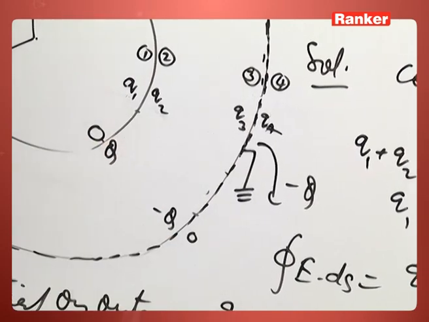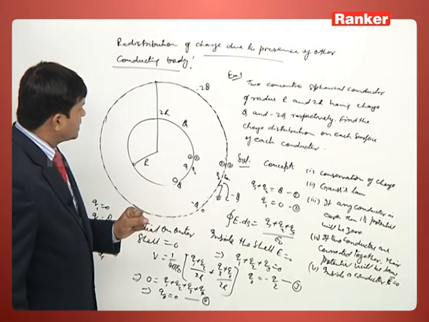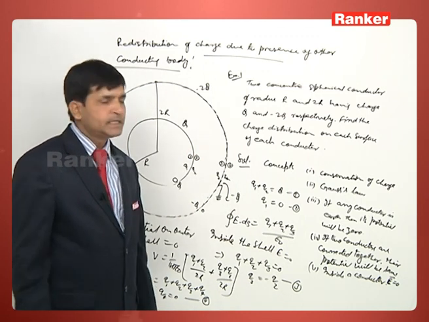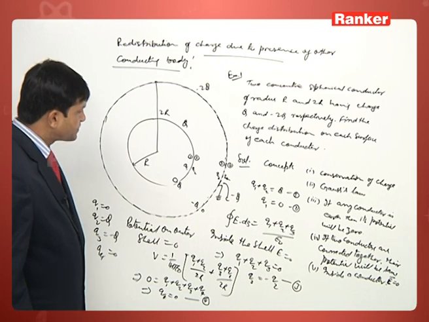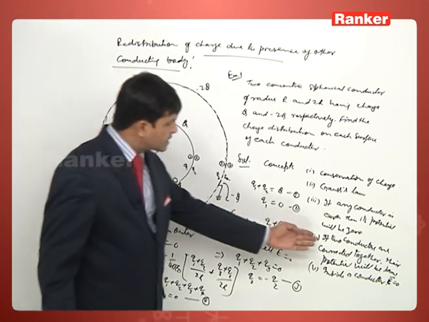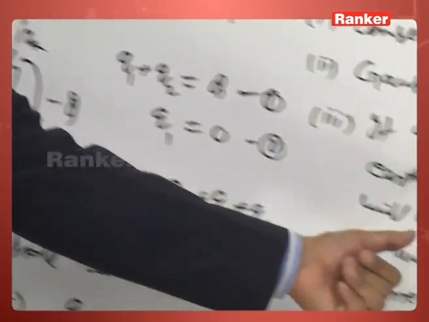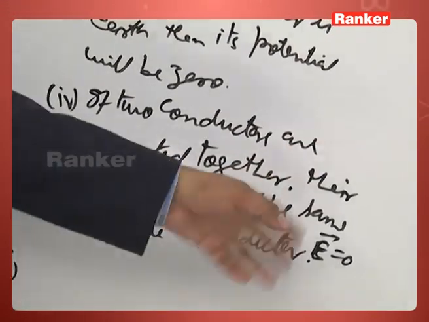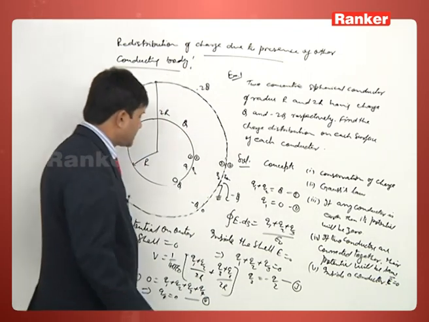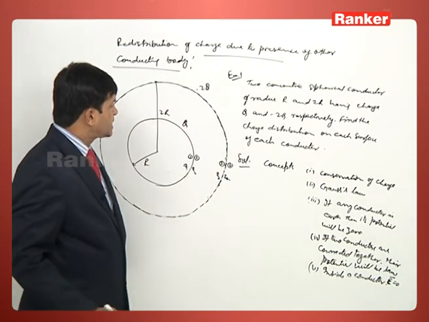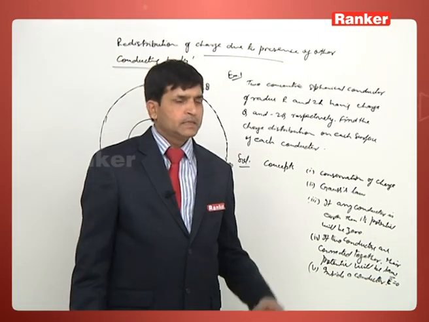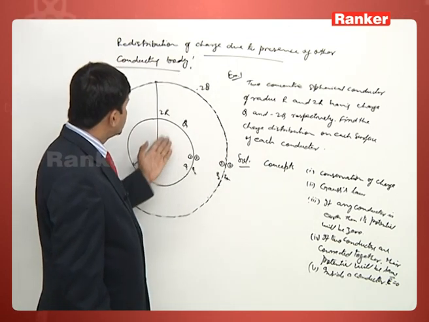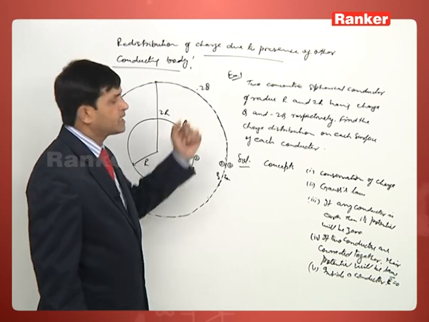Now in the same question here, we can change a little bit further. See here, then the result. Now we will use this concept: if two conductors are connected together, their potential will be the same. See how we can do it like this. Now our question is this: everything the same, two spherical charged conductors of radius r and 2r, one having charge q and the other minus 2q.